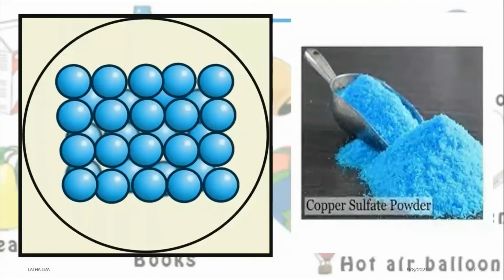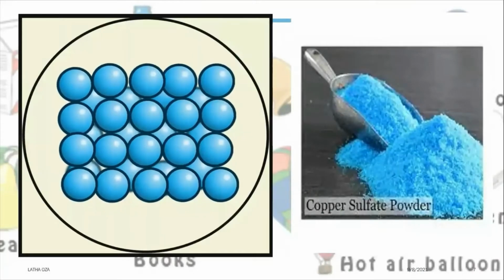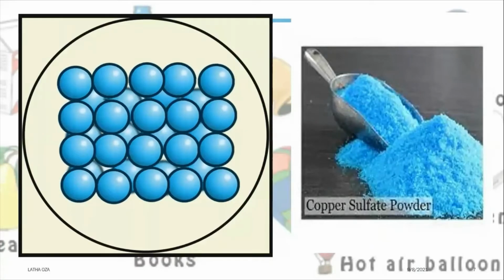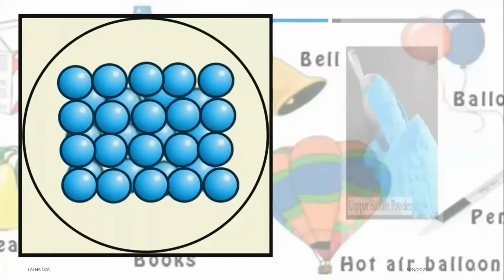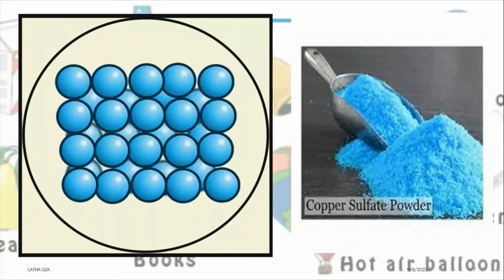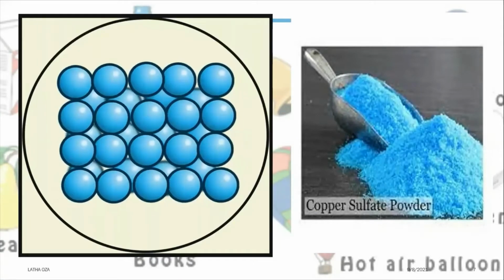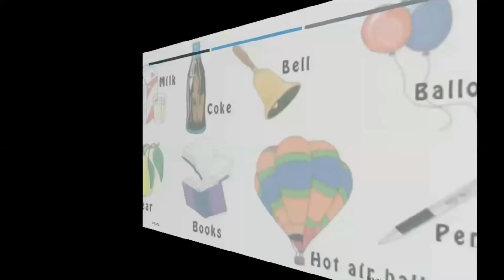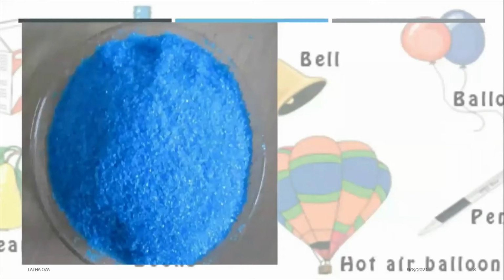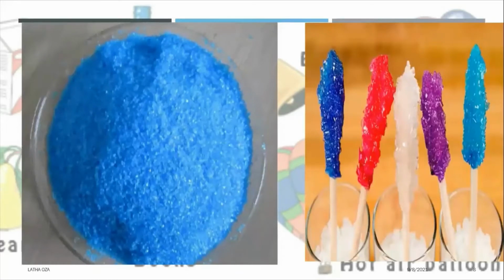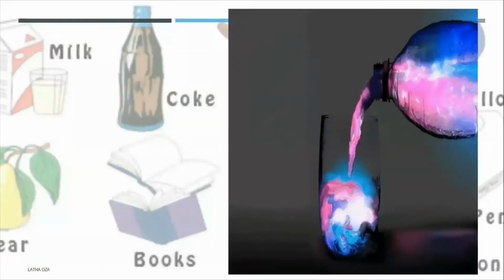Because of this, solids have fixed shape and definite volume. The shape of some solids can be changed by applying force. Some examples of solids are the crystals of copper sulfate and sugar crystals.